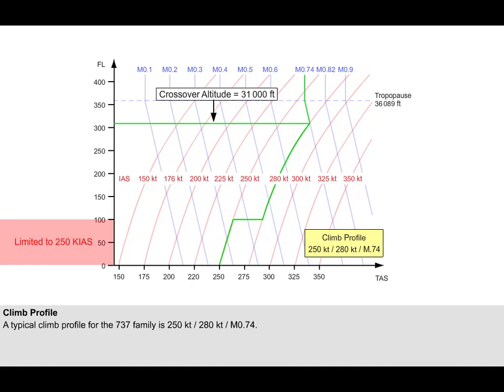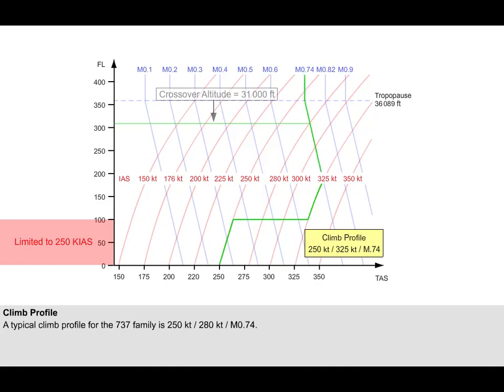However, you need to understand what happens to the crossover altitude if a faster indicated airspeed climb is maintained. And for this example, we'll increase the second part of the indicated airspeed climb from 280 to 325 knots. Initially, the aeroplane will still climb at 250 knots, but once reaching 10,000 feet, the aeroplane will be accelerated to 325 knots, and then climb at 325 knots.